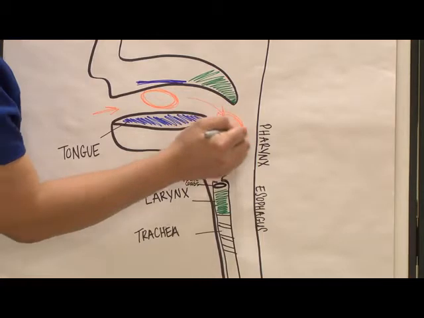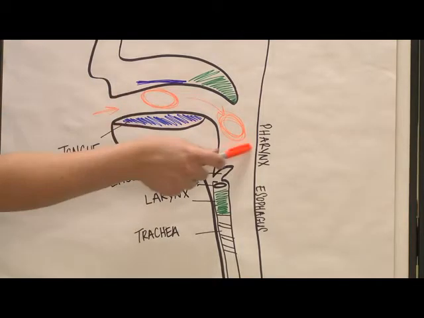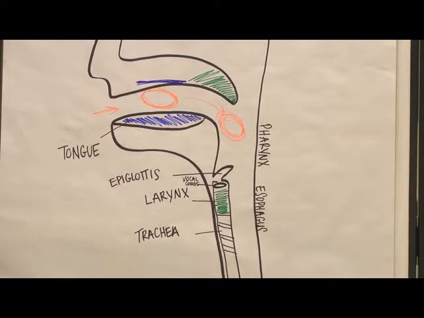Now, the process of moving food from your mouth into the oropharynx is a very voluntary process. You're controlling that. But after it gets to the oropharynx, that process becomes an autonomic process, which is controlled by your autonomic nervous system. In other words, it's an involuntary process. Your body takes over at that point.